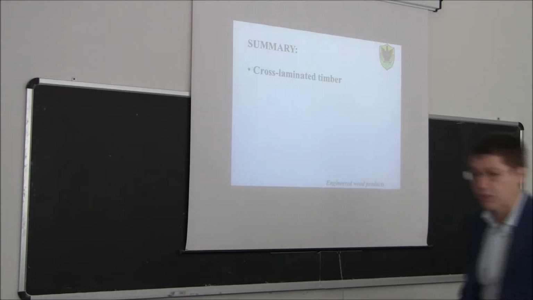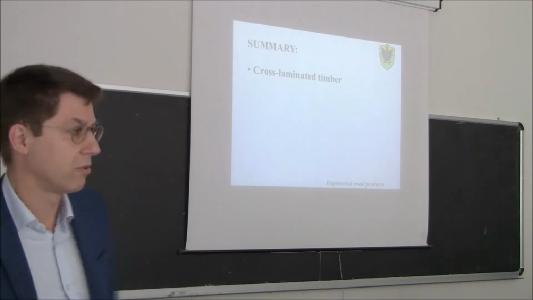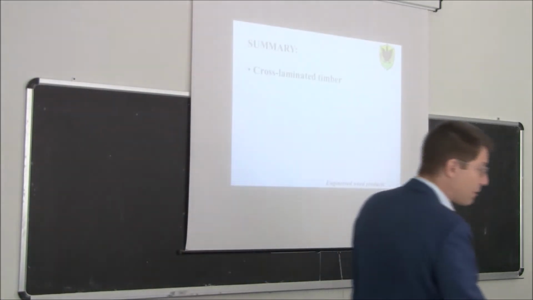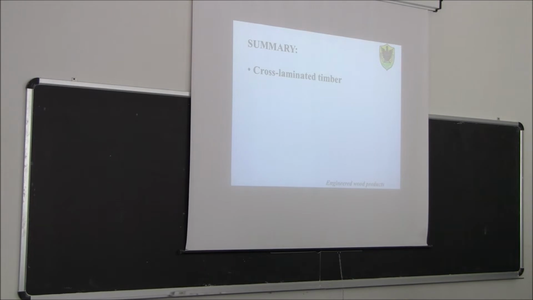In Italian we would translate it as legno lamellare incrociato. Also this one is glued. Now we don't say incollato because the other one, the linear one, is legno lamellare incollato. So legno lamellare incollato, legno lamellare incrociato. Both of them are glued.